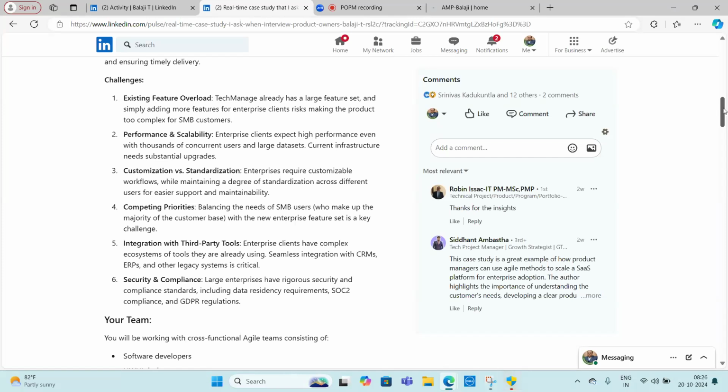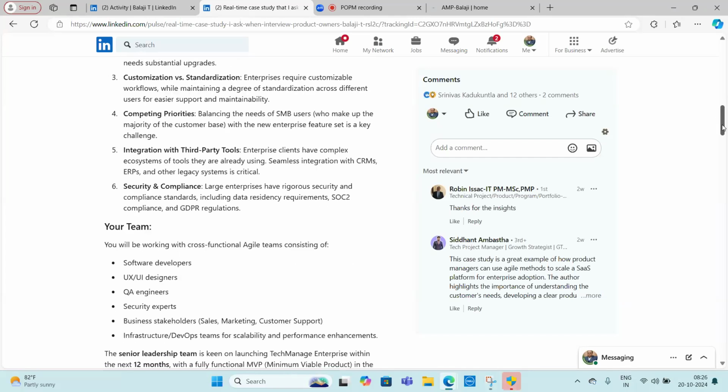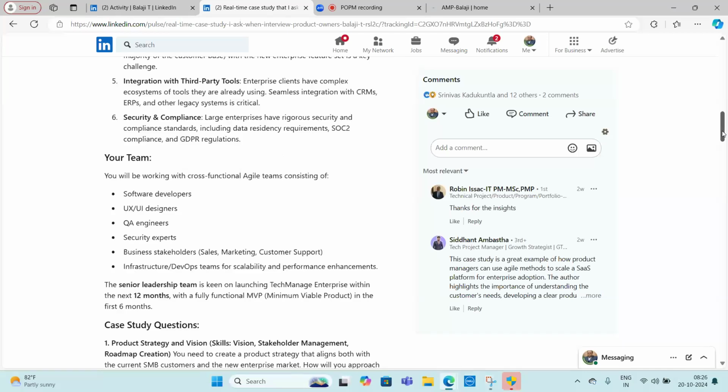That's how the world runs. The smaller the problem you solve, the smaller will be the compensation. So I expect the candidate to ask me back, okay, what are the top 3 or 4 challenges, and then turn it into a conversation or a discussion rather than a question-answer interviewing mode.